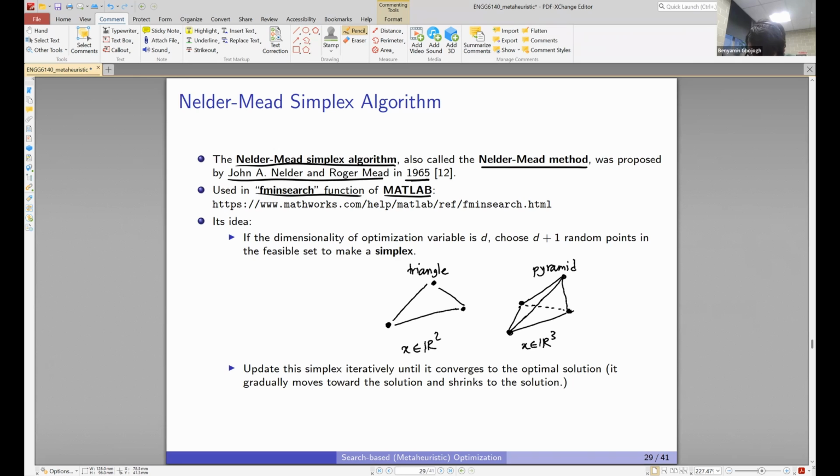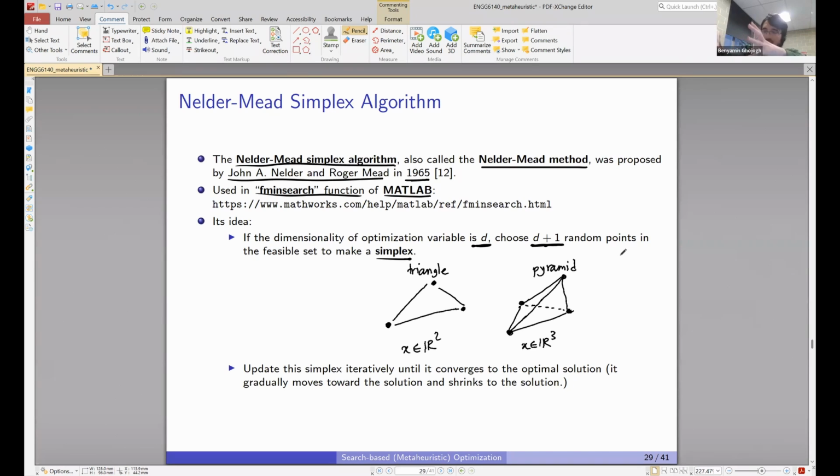So in D dimensions, we need D plus 1 points as the corners to make a simplex, right? In R4, for example, we need 5 corners. So it says let's randomly select D plus 1 random points if the optimization variable is D-dimensional, and it will give us a simplex.